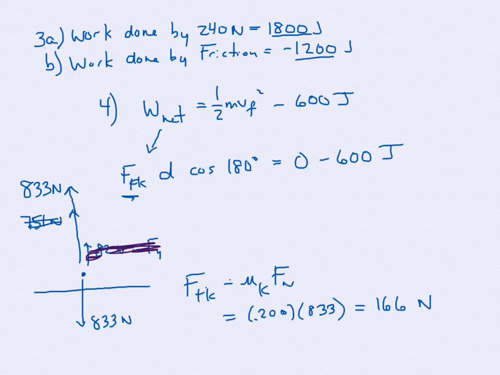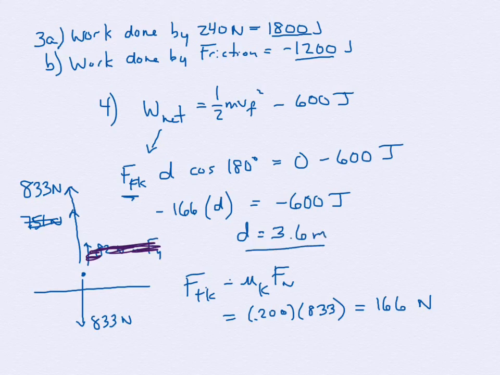So now in the work equation, you're going to do 166 newtons times d, and the cosine of 180 is -1, so this is going to be negative, equals negative 600 joules. You do this division, and you find that the refrigerator slid 3.6 meters until it came to rest. And so that's how you do that.